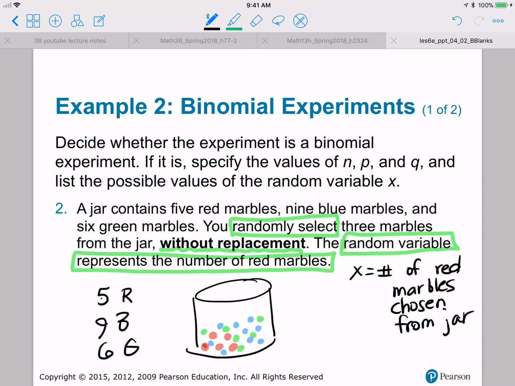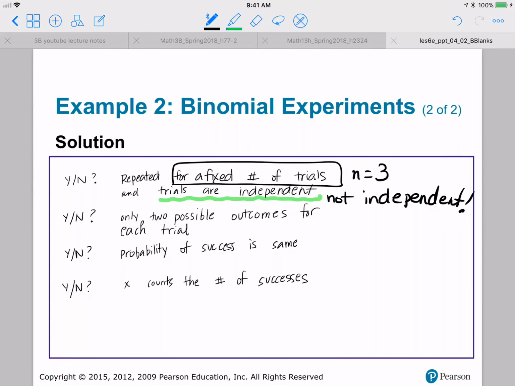And even if I don't pick a red marble in my first one, and I pick a blue or a green, that's still going to impact the probability that I pick a red one. It's going to make my probability of picking red increase, because there are fewer non-red marbles in there. So no, it is not the case that the trials are independent. And at this point, we can stop and say that we do not have a binomial experiment.